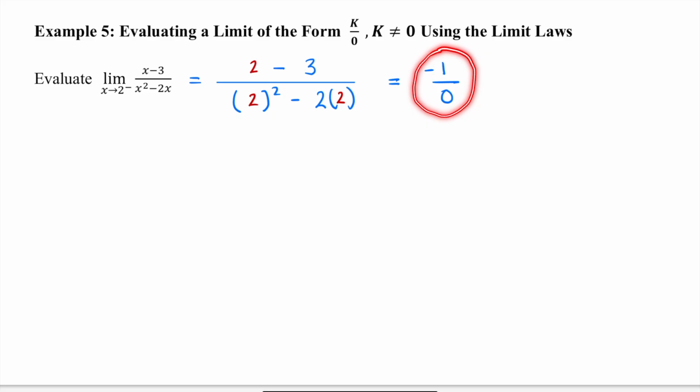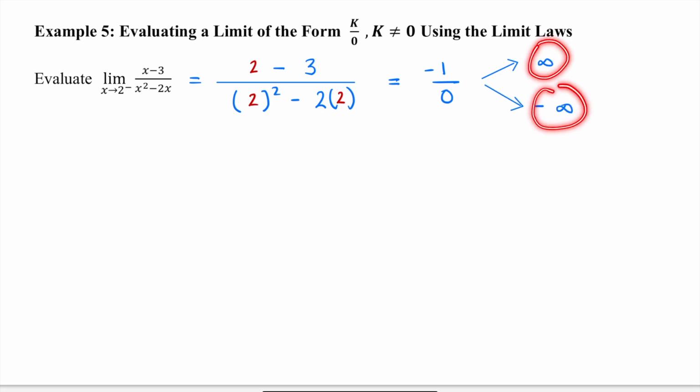This is not an indeterminate form. This is a non-zero number divided by 0. That means the limit will either go to positive infinity or negative infinity. We do not know which one, so now we need to analyze the sign.